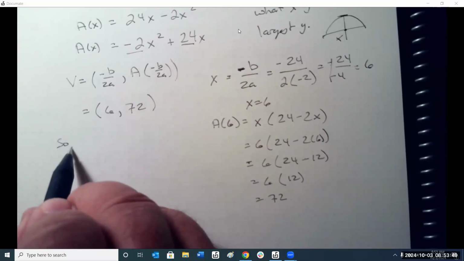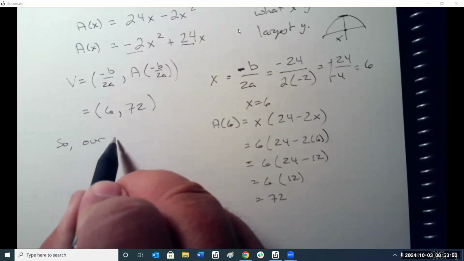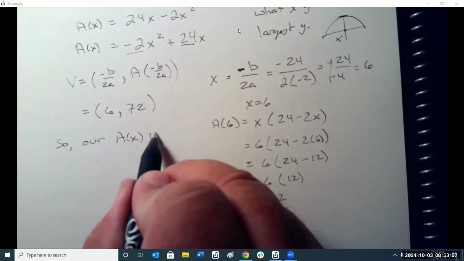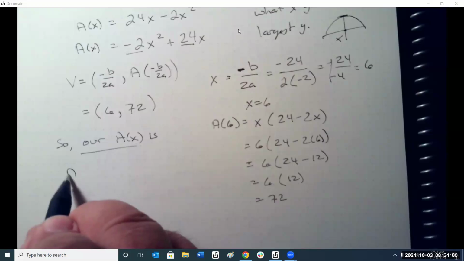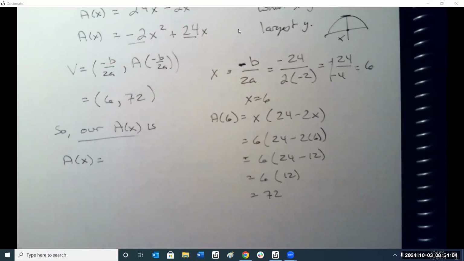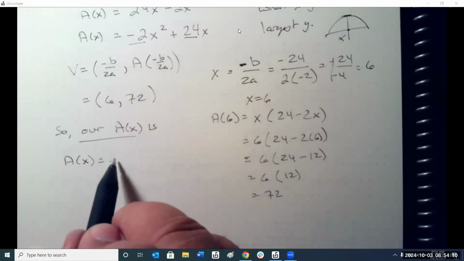So our area function, in our function, a is negative 2.